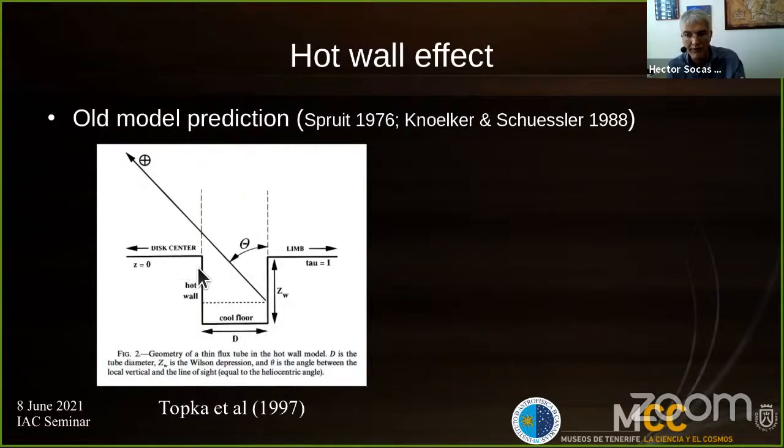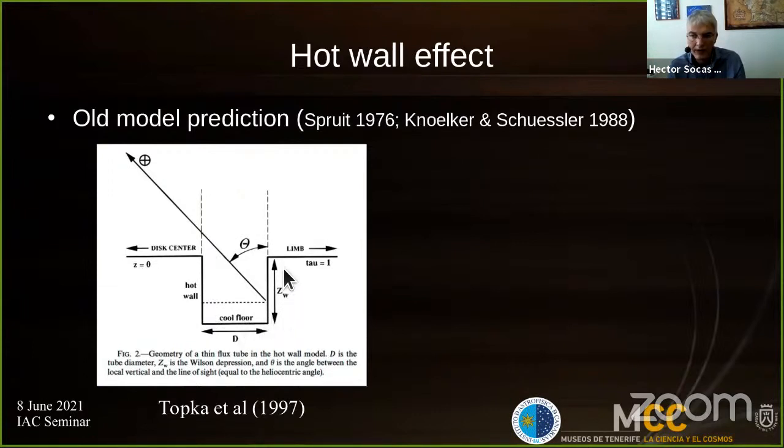Wilson depression. That means when you look, your tau equal 1 surface on the quiet Sun is here, but because this is evacuated, you see a lower height.